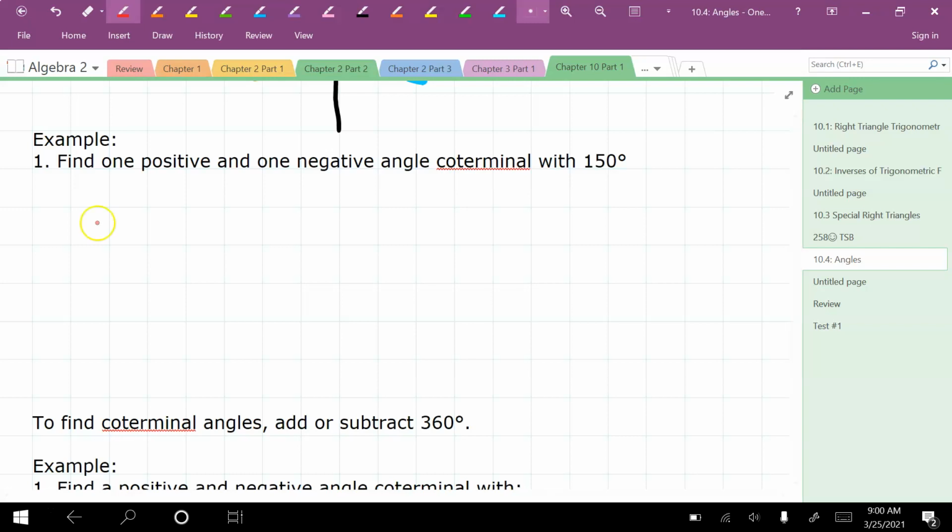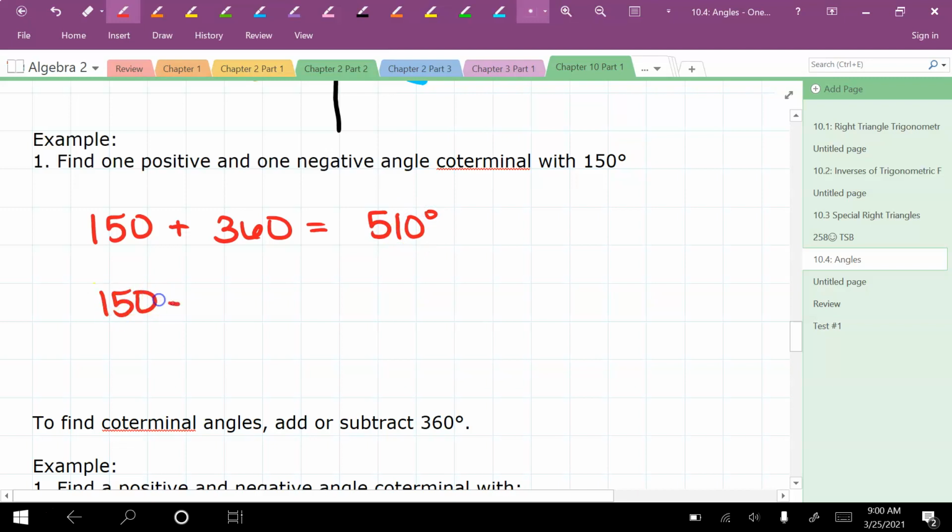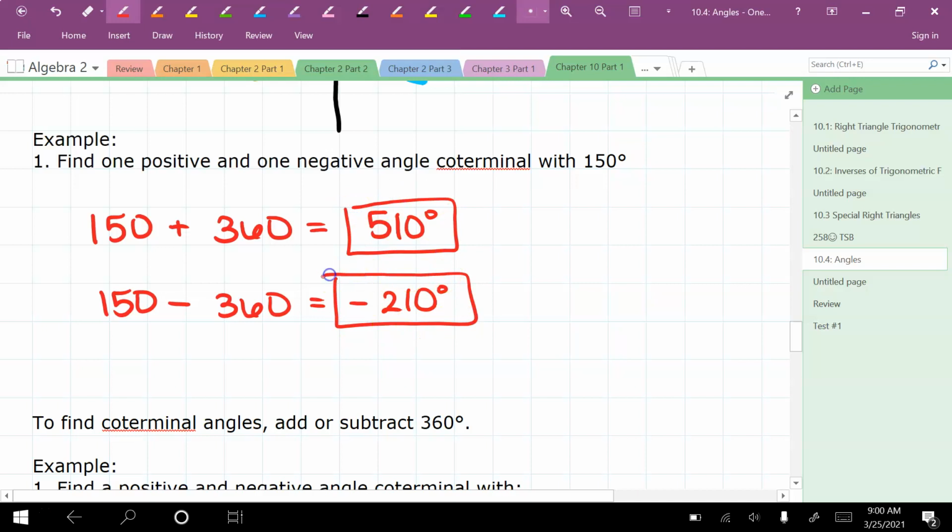So I would take 150, add 360 to that, and that would come out to be 510. And then I would take 150 and subtract 360, and that would give me negative 210. So these would be two coterminal angles. If I graphed both of these, they should end up in the same spot.